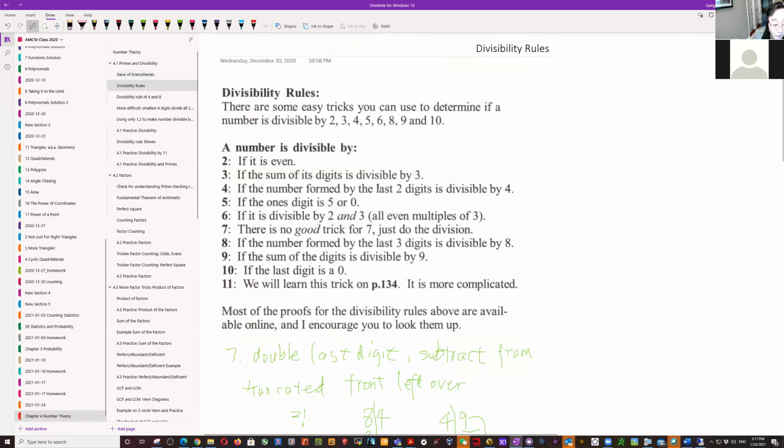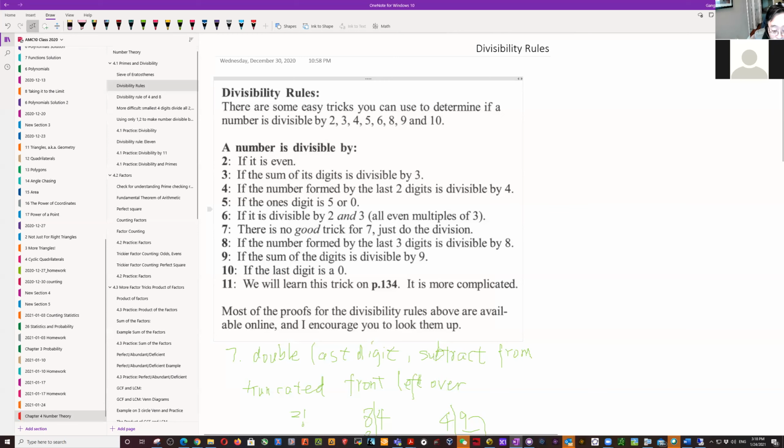And so we also have divisibility rules. If it is even, then it's divisible by 2. Divisible by 3 if the sum of the digits is. Divisible by 4 if the last 2 digits are divisible by 4. Divisible by 5 if the last digit is either 5 or 0.